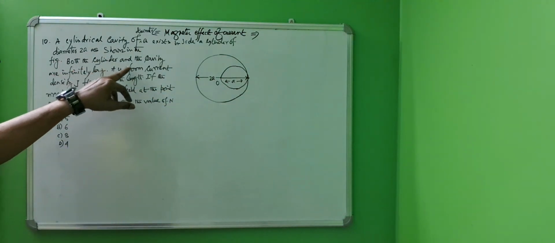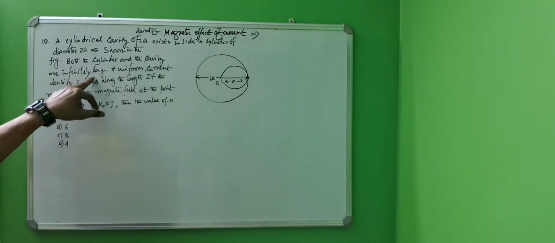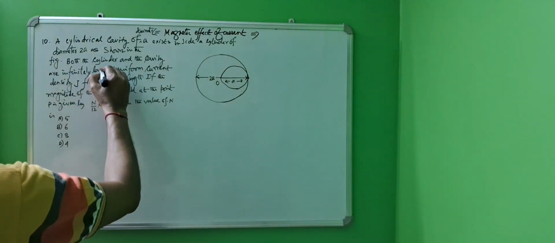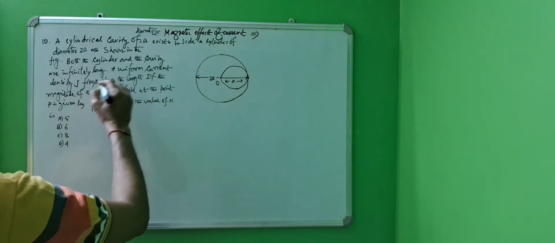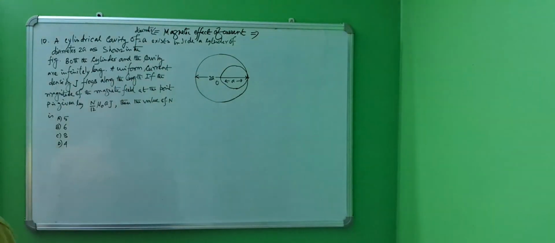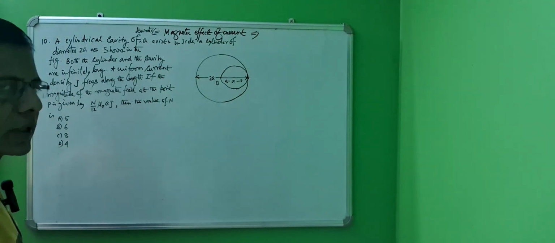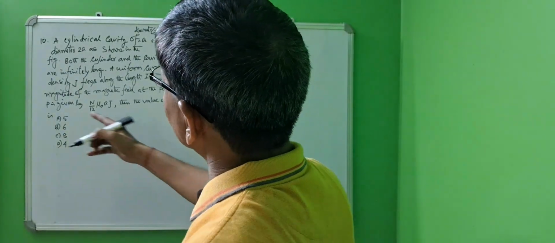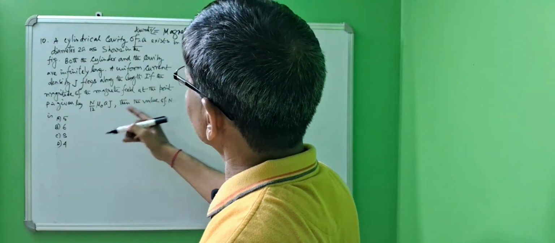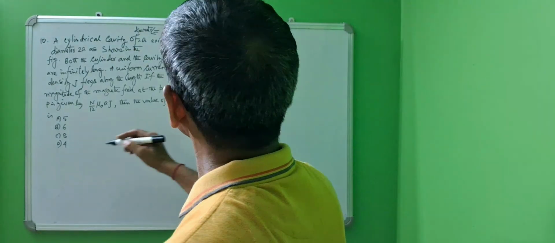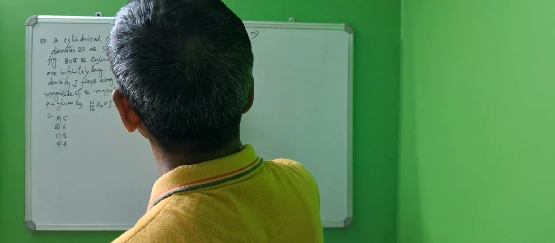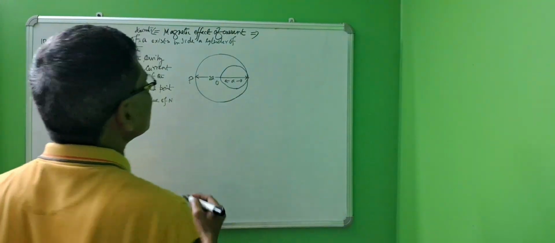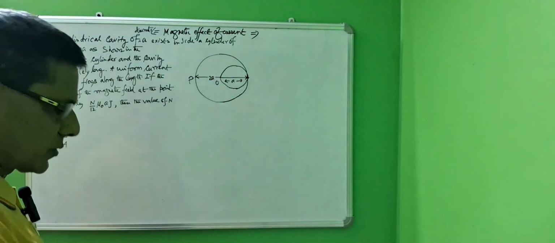Both the cylinder and the cavity are infinitely long. A uniform current density J flows along the length. If the magnitude of the magnetic field at the point P, here is the point P, is given by this, then the value of M is this. So this is the problem.